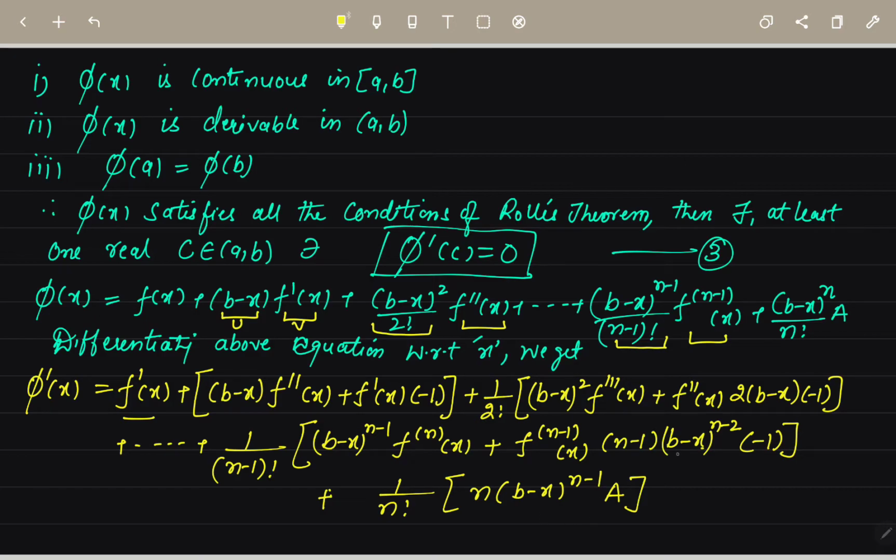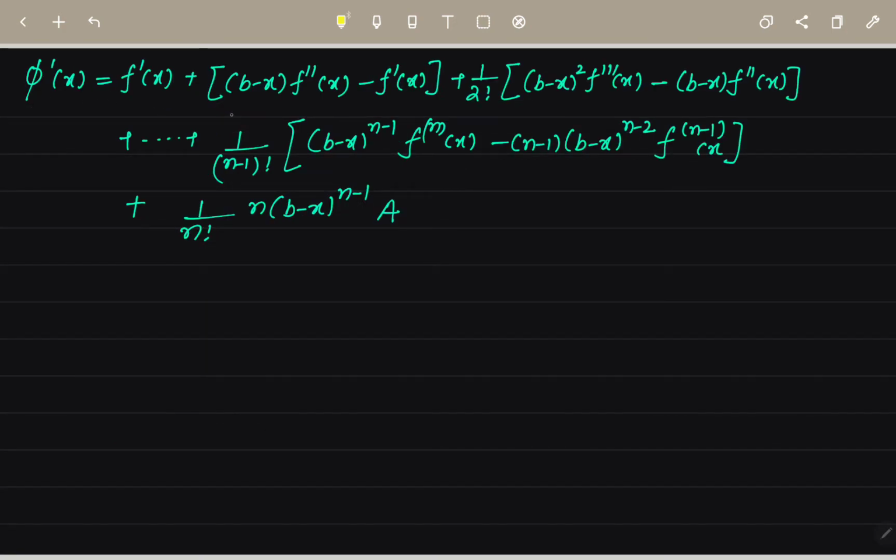This term and this term get cancelled, and similarly this term and this whole term get cancelled, because here it is 2 also. Similarly all these terms get cancelled, and we are left with only this term and this last term.